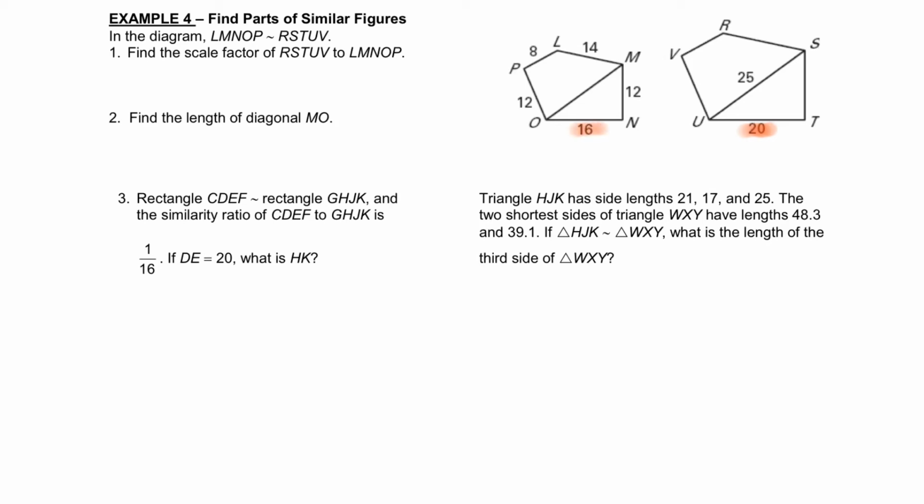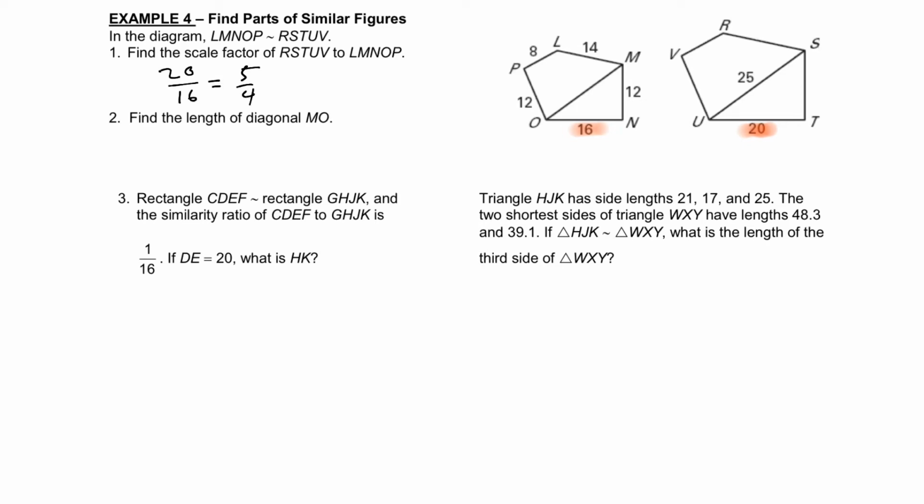So we just got to make a fraction out of that, again doing it big over little, and we've got our scale factor. Our scale factor is 20 over 16. Now, if you want to, you could reduce that. You could divide the numerator and denominator both by 4, and you would get 5 over 4. So that's our scale factor.